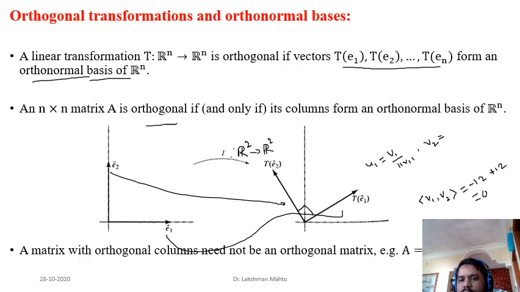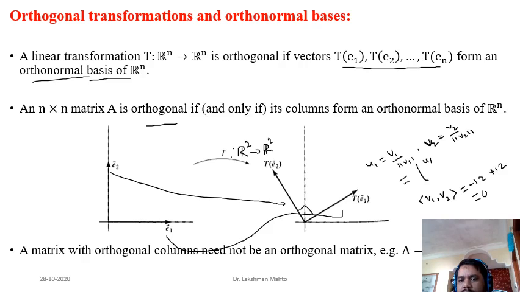And U2 is simply the normalized form of V2, since V2 is already perpendicular to U1. So V2 divided by the norm of V2. The norm of V2 is 5.